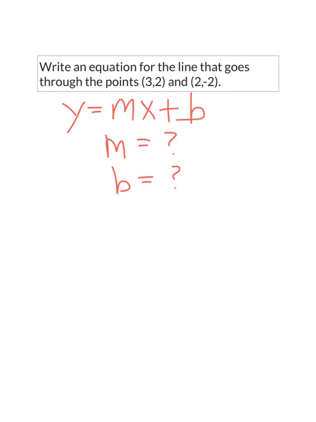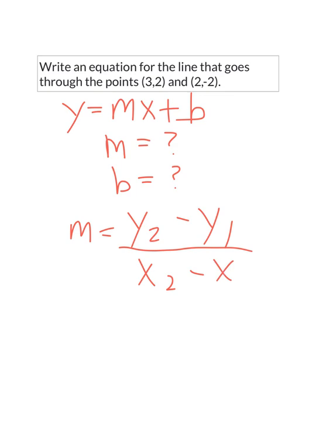I know how to calculate the slope given two ordered pairs, right? Let's see. I can write this down. m equals y2 minus y1 over x2 minus x1.